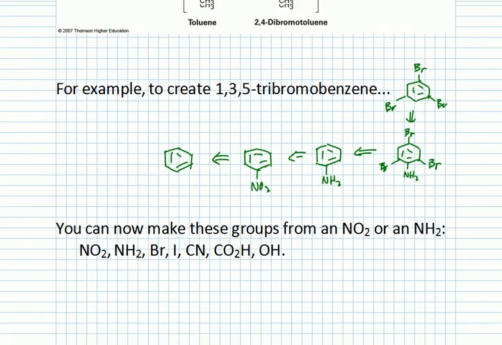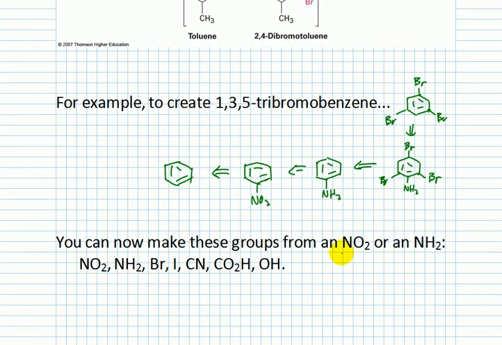That means that we have the power now to make either a nitro or an NH2 group, right? The nitro has to be converted into NH2 like we saw with H2 and a catalyst. But either of those can become all of these. NH2 doesn't get oxidized into nitro very well.